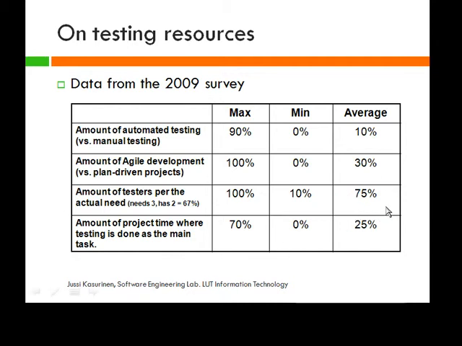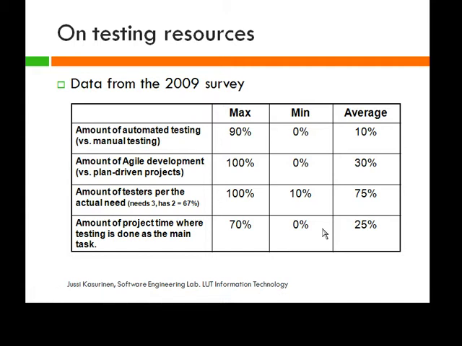The most important and most interesting number in this table is the amount of testers per actual need, meaning that organizations have 75% of the resources they consider optimal, and they use a quarter of the project time on average for testing, where testing is done as a main activity.